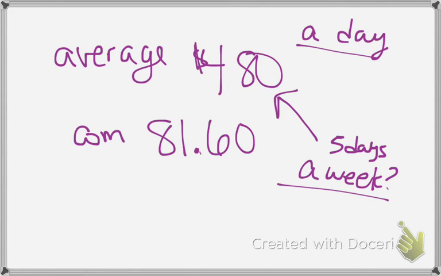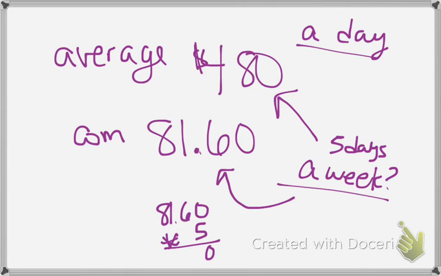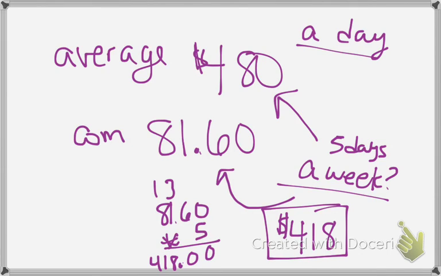You could multiply that number by 5, then set up the percent equation with the percentage and do all that work. Or the easier way is we already found our commission, so I can just take that $81.60 and multiply it by 5. Again, I'm acting like I'm working 5 days that week. Okay, so $408. I think that's okay, you know. I better get better at selling things, otherwise I'm going to go broke.